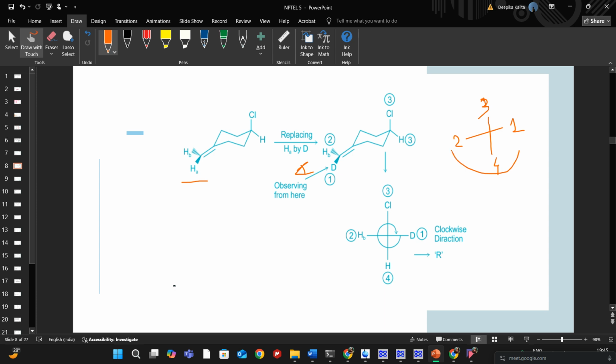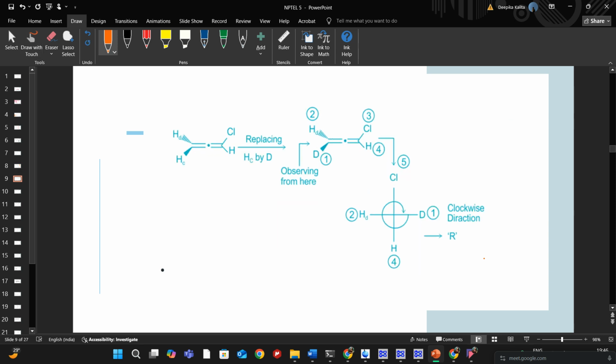And if we move from 1 to 2 to 3, it is moving clockwise, hence it is R. Hence the HA proton in the first molecule is a pro-R atom. I hope this is clear to you.